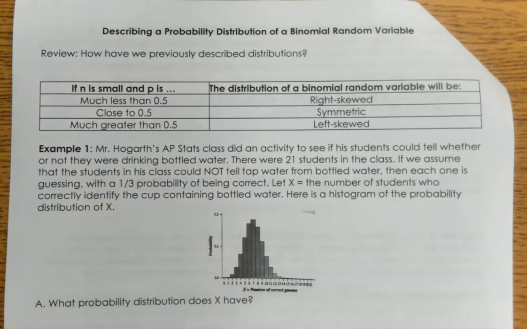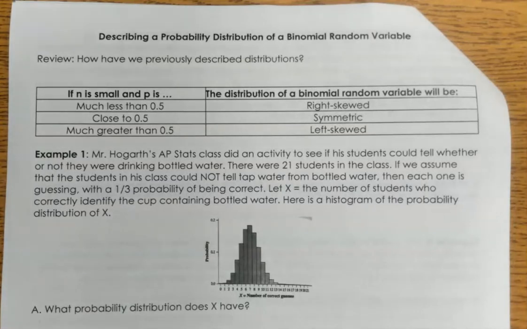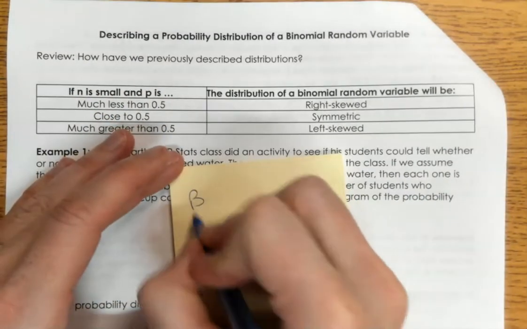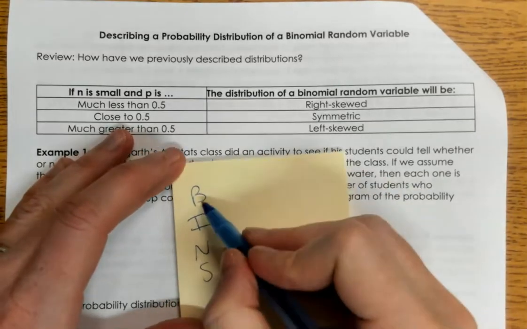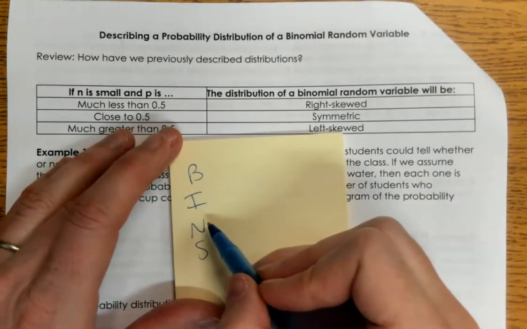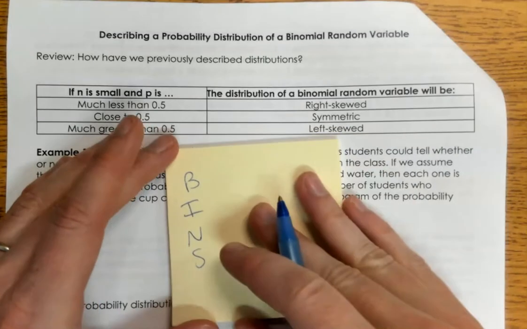Now that we went over that exit ticket, let's go ahead and finish the packet from today. So what we did already was we could figure out whether or not something was a binomial distribution based on the BINS, right? Binary, independent, fixed number of trials, same probability of each trial.